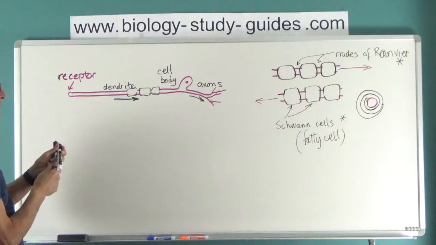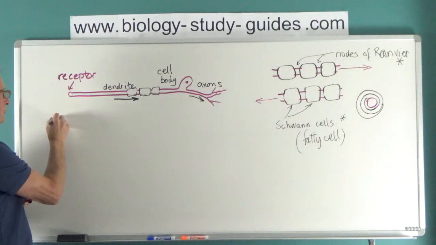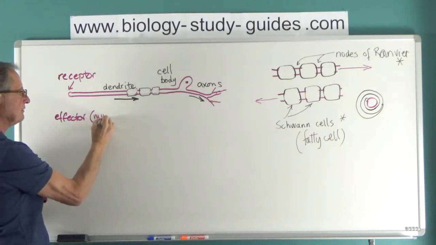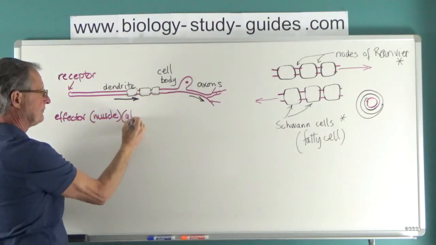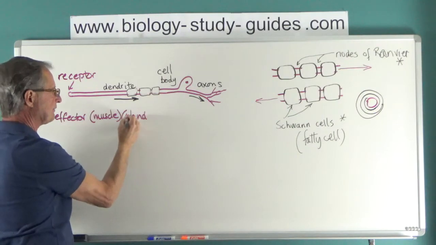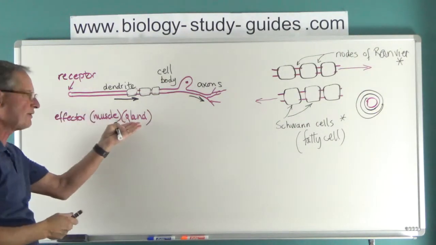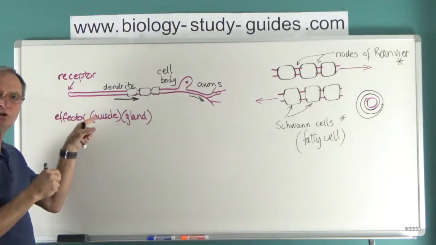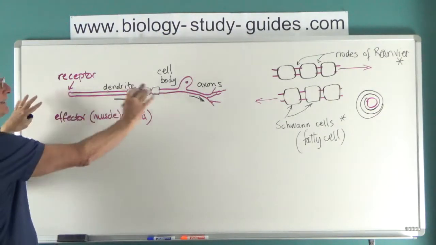Now, a motor neuron, let's suppose that the motor neuron is going to this effector, which could very well be a muscle, or it could be a gland. Something in the central nervous system says that you need a secretion from a gland, so it sends a message out to get that secretion, or you have to move, so it sends a message out, so there's some muscle activity. They don't look like this at all.